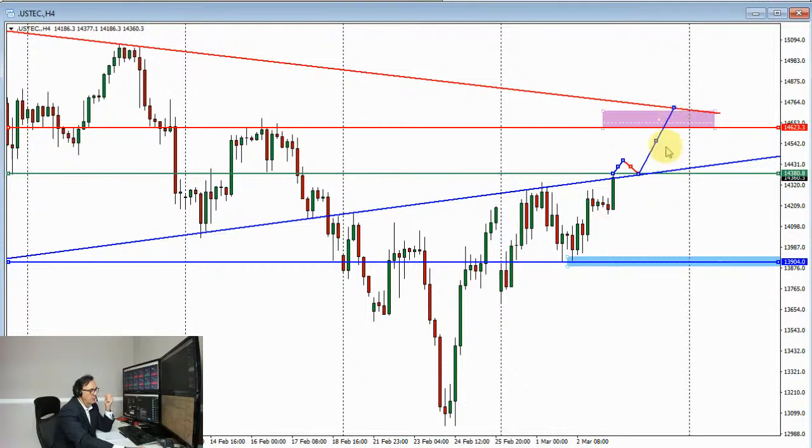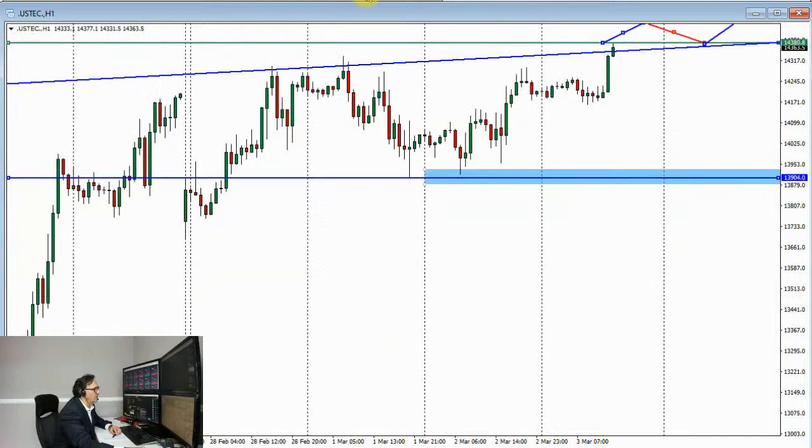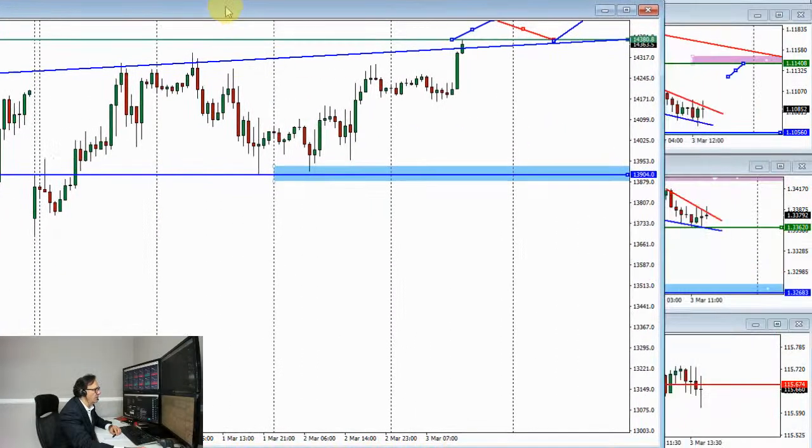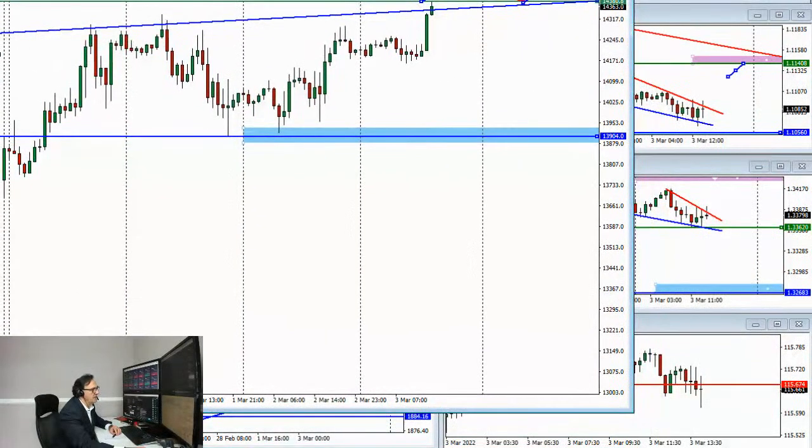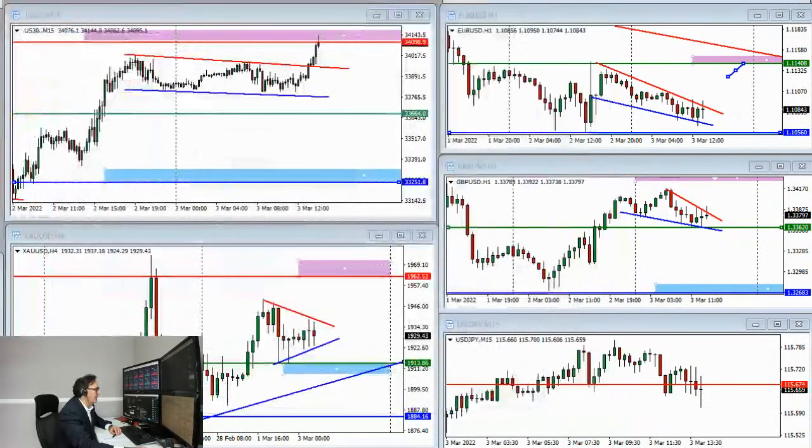This is a bullish breakout to the upside, potentially targeting extension towards 14,620, 14,750. So really key level for the Nasdaq at the moment. I'll keep you informed if I decide to do anything. I'll let you know, and that's where I am at the moment.